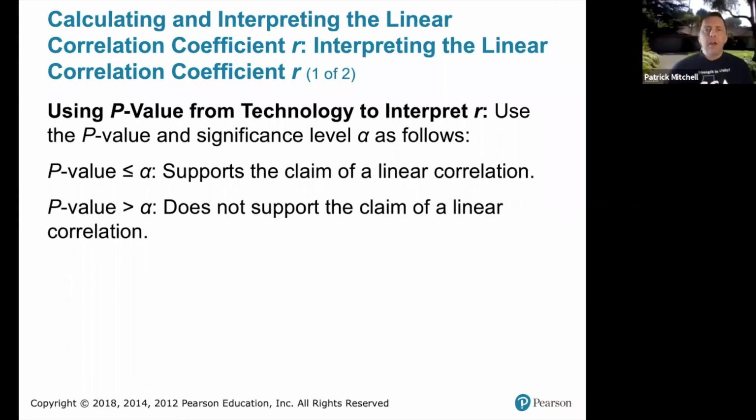So if we reject the claim that there's no correlation, that means the p-value supports the claim of a linear correlation. On the other hand, a high p-value would not support the claim of a linear correlation.